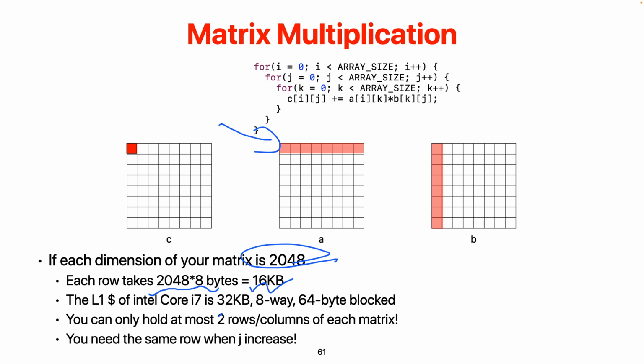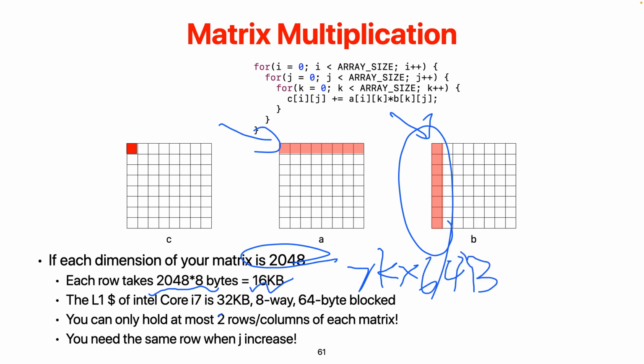Okay, and how about each column? It's tricky, right? Because each element in a column essentially belongs to a different block, right? So if you have 2K in a row, it's actually 2K times the block size, so 2K times 64 bytes, right?